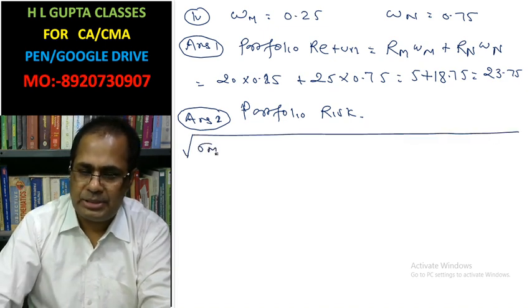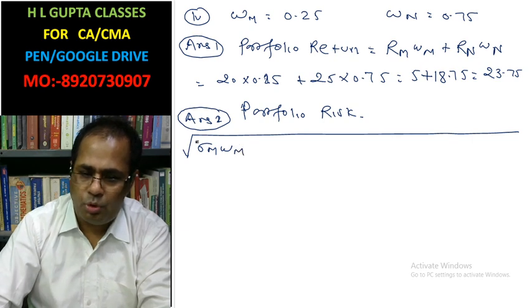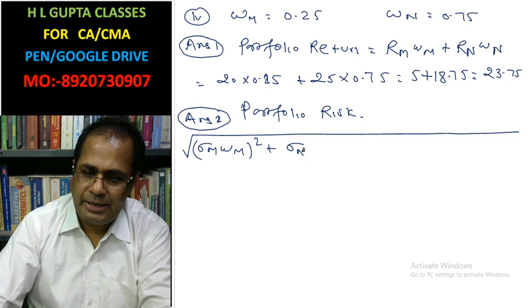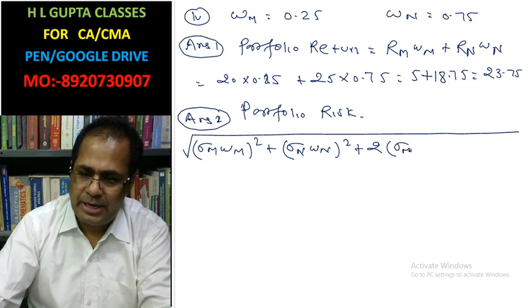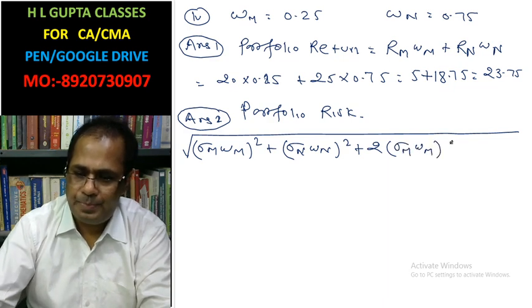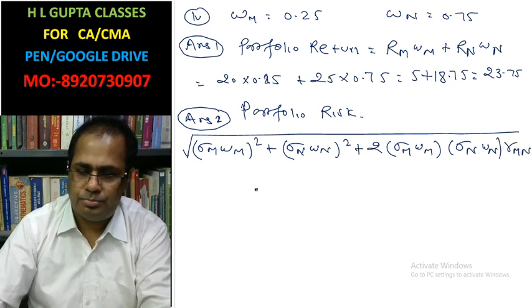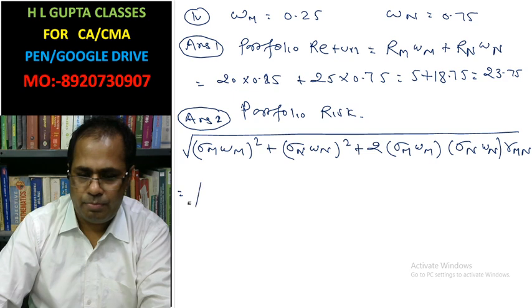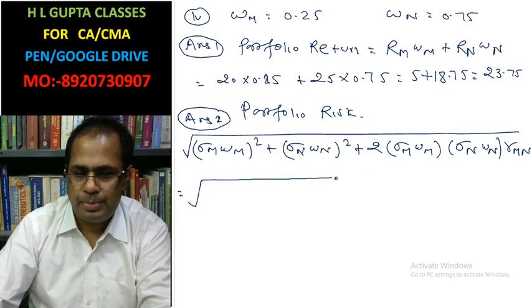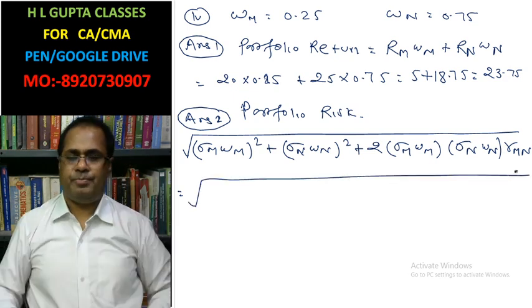Standard deviation M with M whole square, standard deviation N with N whole square, 2 standard deviation M with M, N with N, coefficient of correlation MN. Look at here.